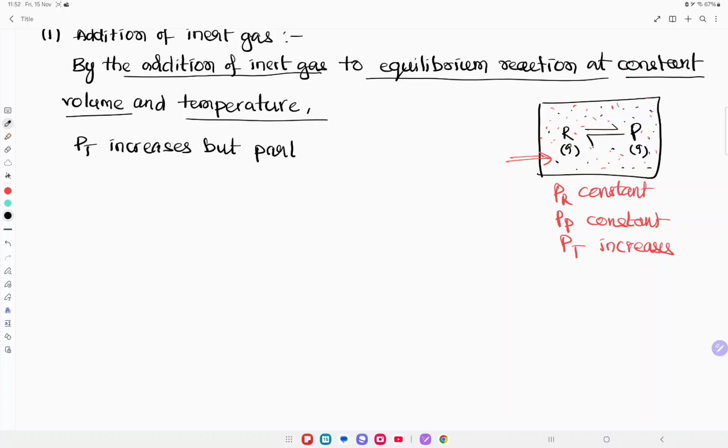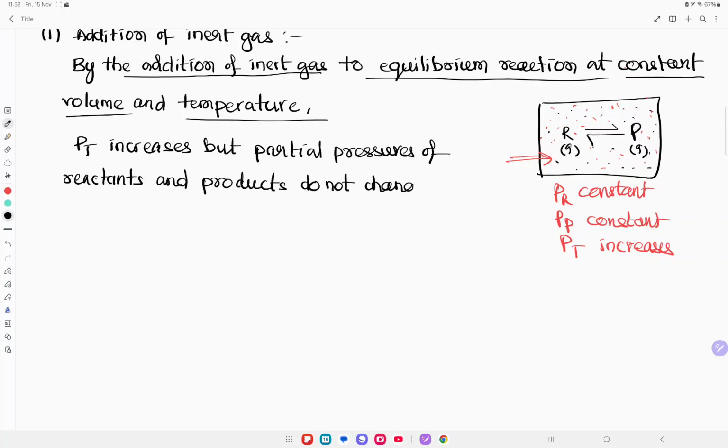But the partial pressures, the individual pressure of reactant and individual pressure of product, do not change.